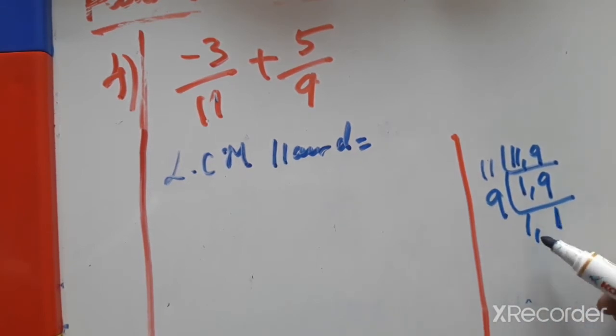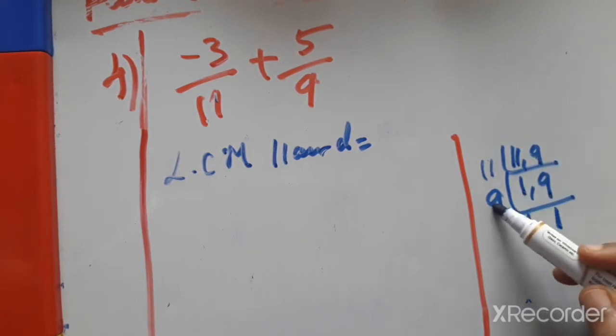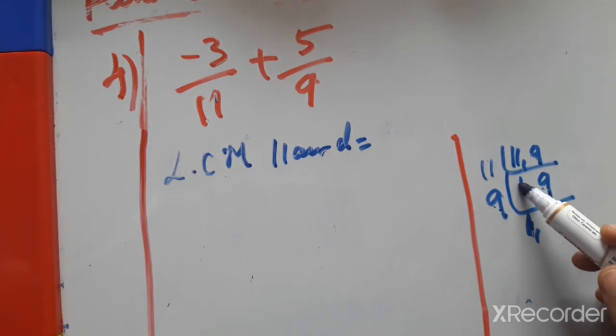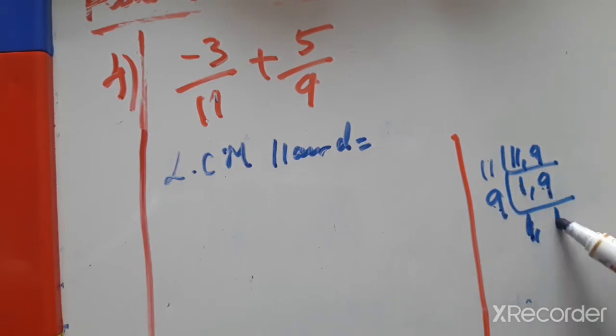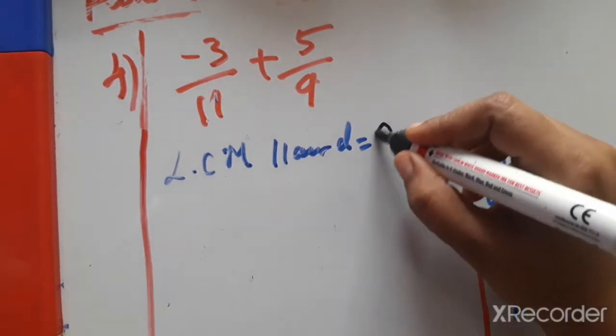We have to get 1 at the remainder at last. 11 ones are 11, 9 will not multiply with the 11 tables, so 9 as it is. And 9 will multiply with the 9 tables, so 1 as it is, 9 ones are 9. So LCM is 11 into 9, which is 99. So here the LCM value is 99.